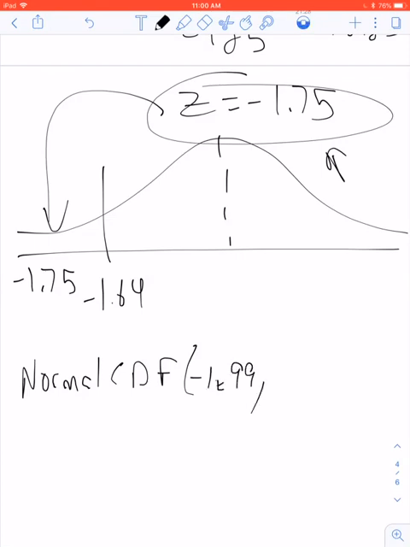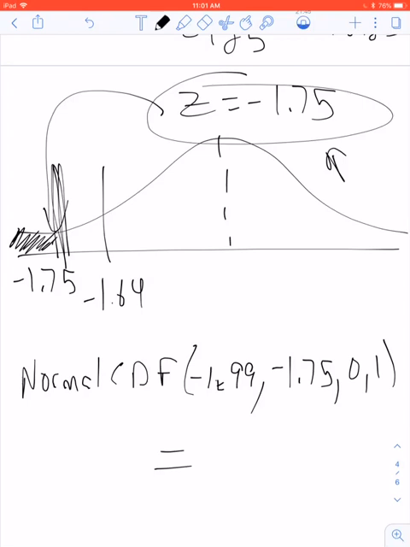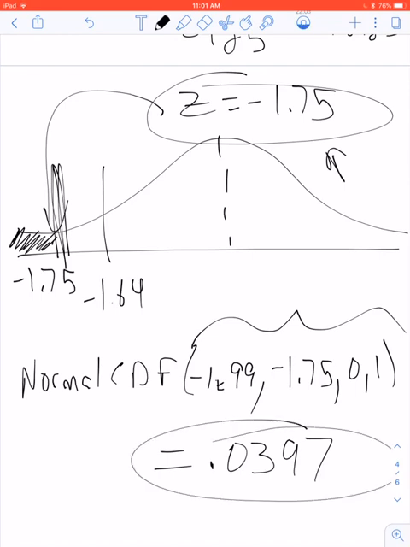My upper bound, remember, if this is the cutoff where negative 1.75 is, I want the area under that curve. So I have negative 1E99. My upper bound is negative 1.75. My mean is 0. My standard deviation is 1. And you should get a p-value of roughly 0.0397. Okay? If you round it differently somewhere else in the question, you might get a slightly different p-value here, but if you use these numbers, then you should get something that looks like this.